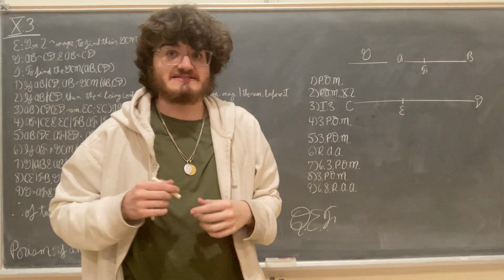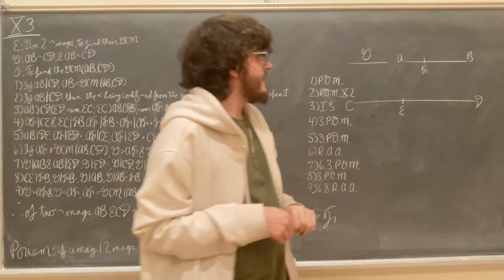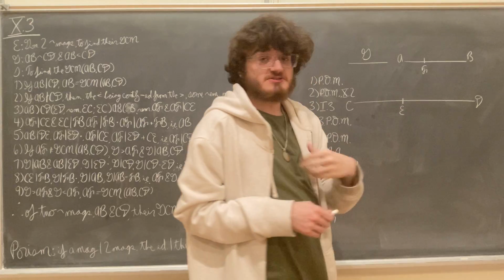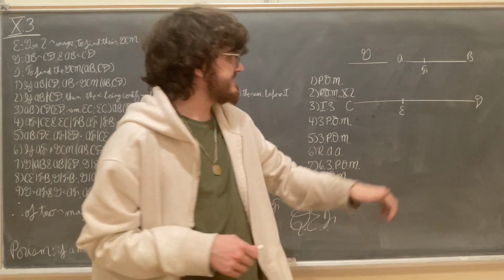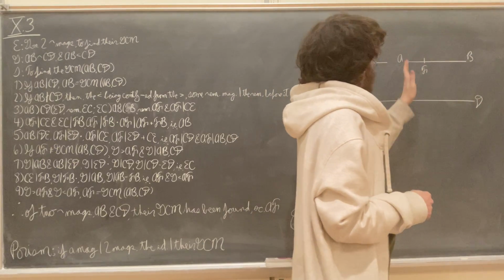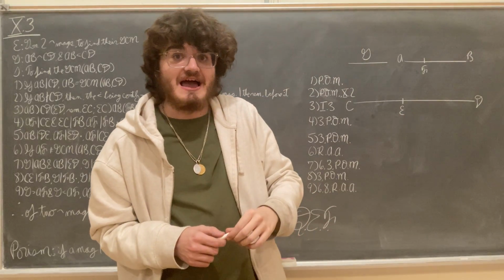So therefore, again, by that same property of magnitudes, G is going to measure FB. But again, it measures the whole magnitude AB. So it's therefore going to measure the remainder of the greater over the lesser. So G is going to measure AB minus FB, which is clearly AF. So G is going to measure AF.